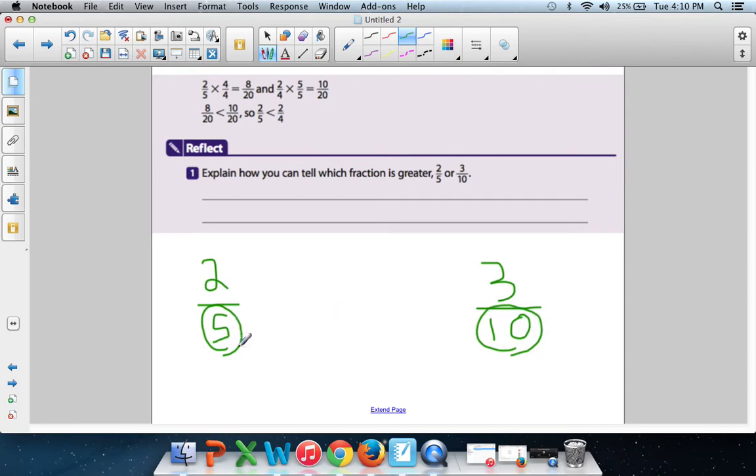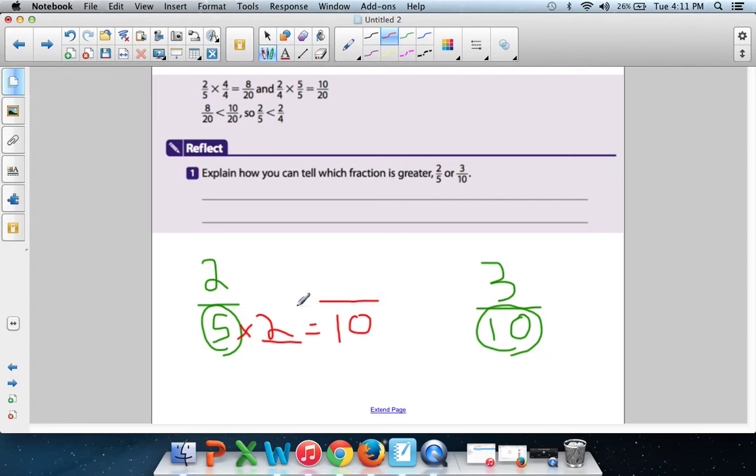Can a 5 become a 10 through multiplication? It sure can. Think about your times tables. 5 times blank does equal 10. 5 times 2 equals 10.